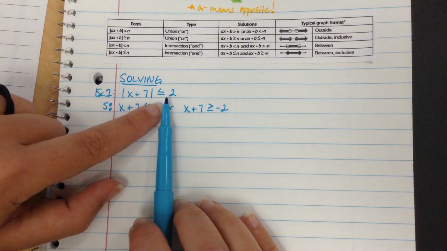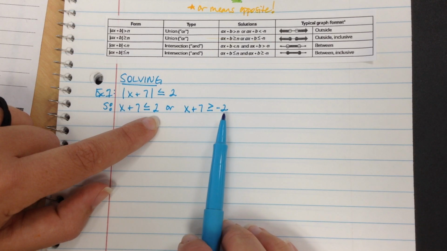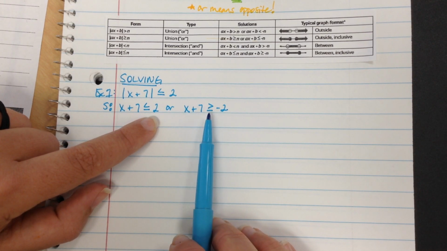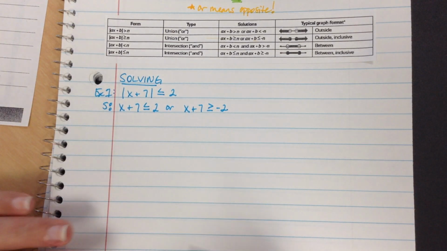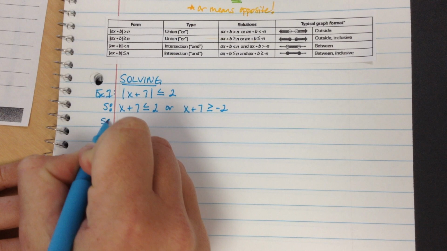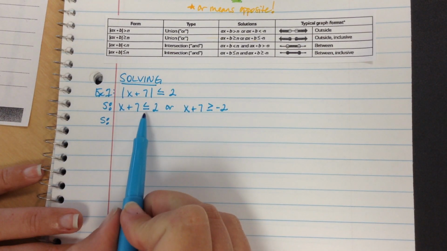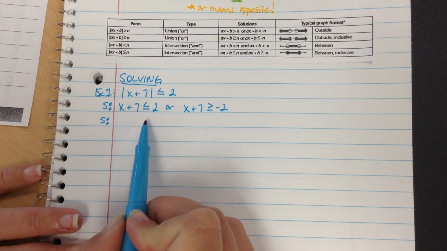One more time, whenever we separate, one's going to be positive, one's going to be negative. Really, the only thing new I'm teaching you here is to make sure that you change the sign on the second one. Lastly, we're going to solve. Whenever you go to solve these, solve them just like you would anything else. Just pretend like this is an equal sign while you're solving.